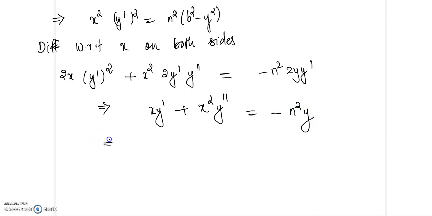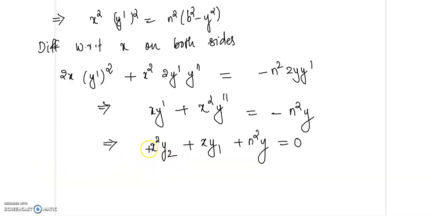So we will get the equation, let me write the derivatives in this form: x square y2 plus x y1 plus n square y will be equal to 0. So this is the expression we get when you take up to the second derivative. Now differentiate it n times using the Leibniz theorem.